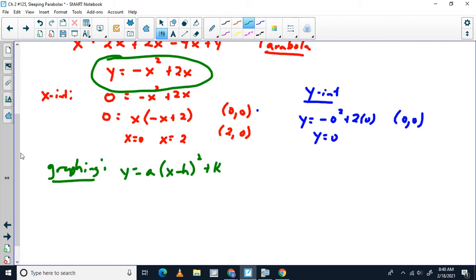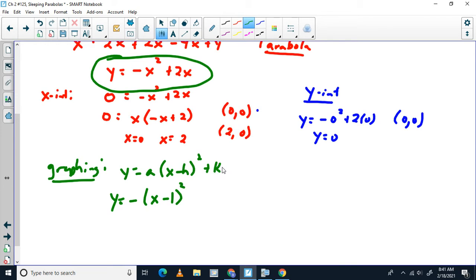We said we could find the vertex a couple ways. One way we could find the vertex is we could average the x-intercepts. And so if I average 0 and 2, that means I have an x value of 1. So already I know this was -1, and now I know that x is 1.